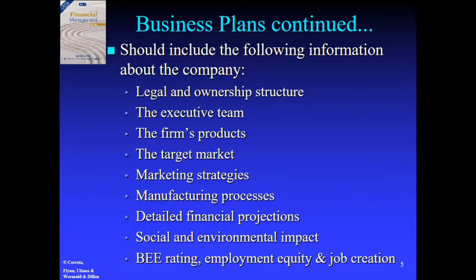It must also include information about the manufacturing processes and have detailed financial projections. It is also important to outline the social and environmental impacts of the company, and especially in South Africa, we need to consider the BEE rating, employment equity, and job creation profile of the company.